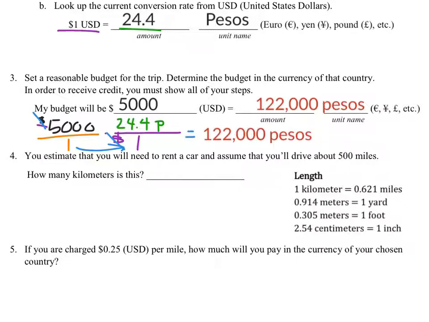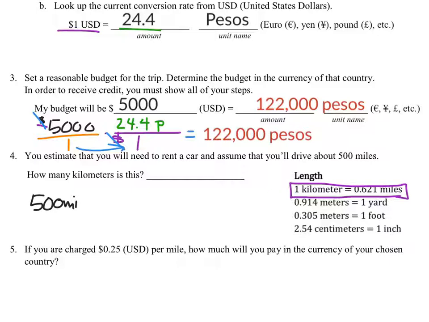So looking at the worksheet that had these conversions for us, there is a direct conversion from kilometers to miles right here. 1 kilometer is 0.621 miles. So we need to figure out how many kilometers 500 miles is. So I set this up. I've got 500 miles, right?